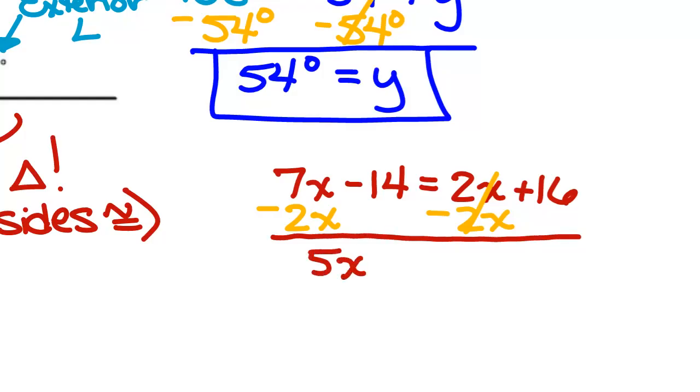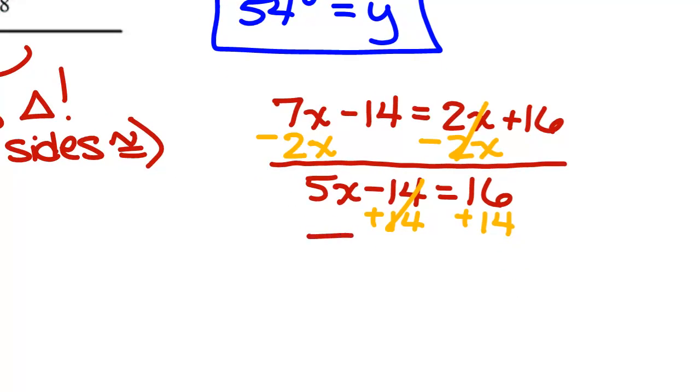So I have 5x minus 14 equals 16. Then I'm going to add 14 to both sides. What is 16 plus 14? 30. So 5x equals 30. What would x have to be then? 6.